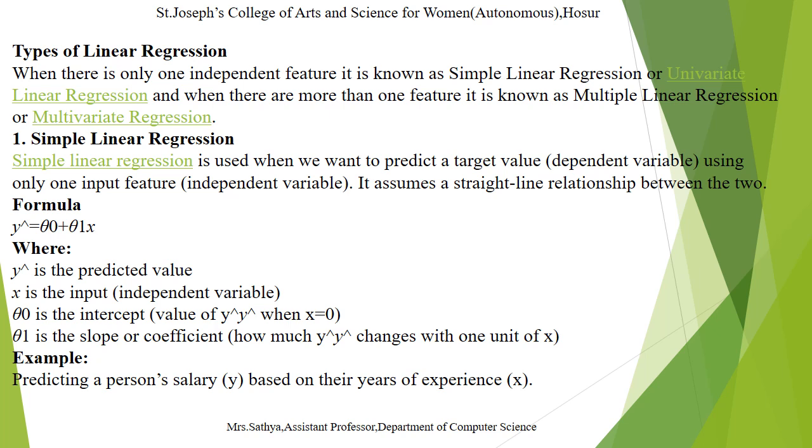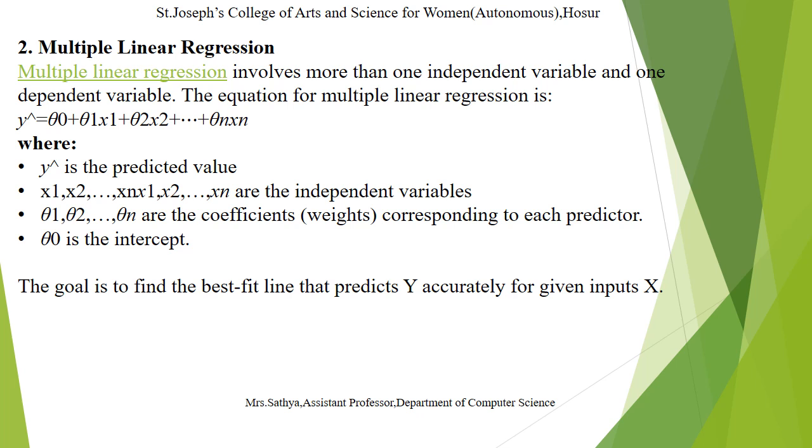Multiple linear regression we already defined: more than one independent variable. An example is house price based on area, location and number of rooms. It is not one independent value; it has more than one, because the price depends on the area, the location and the rooms. That's why it changes.